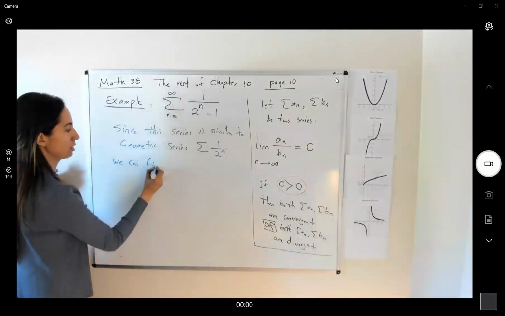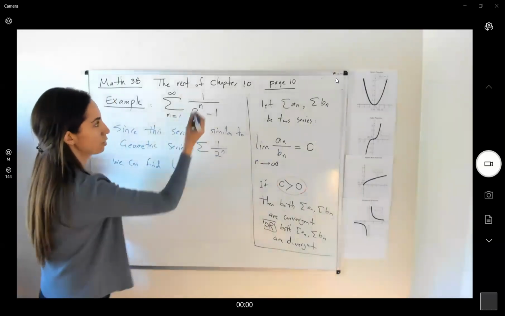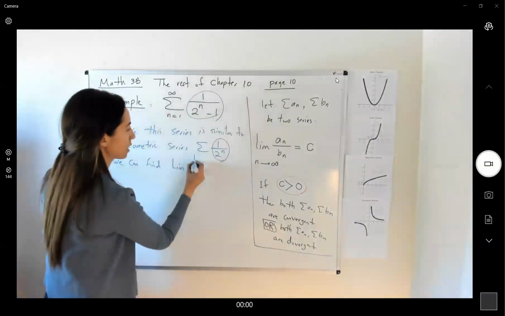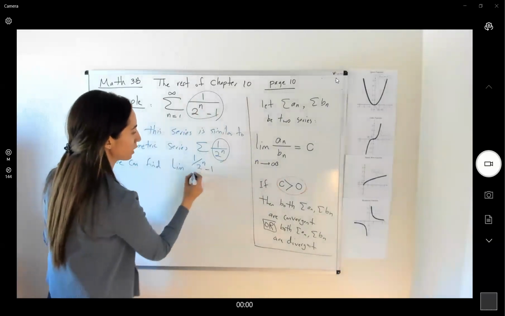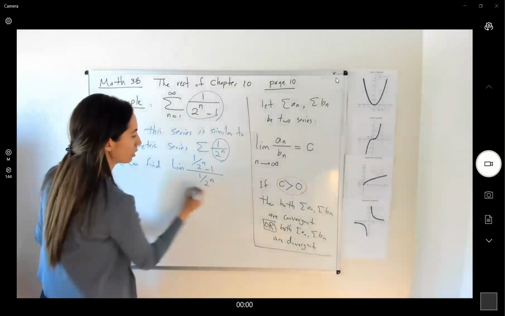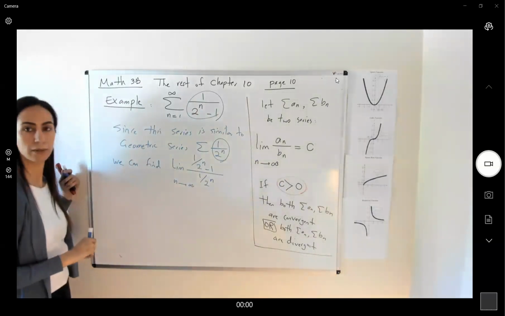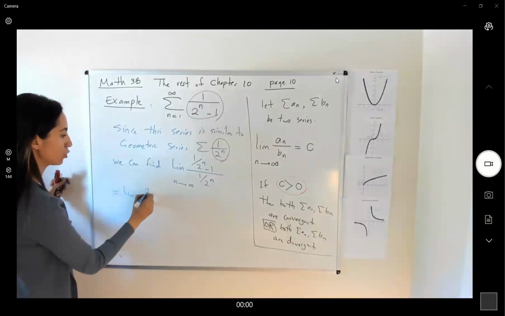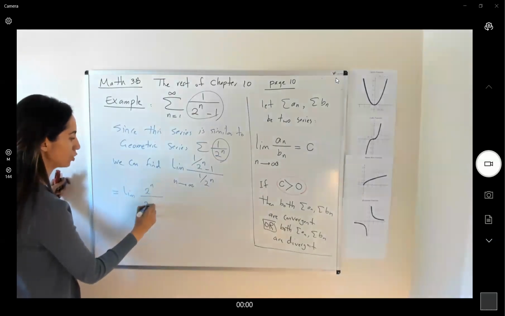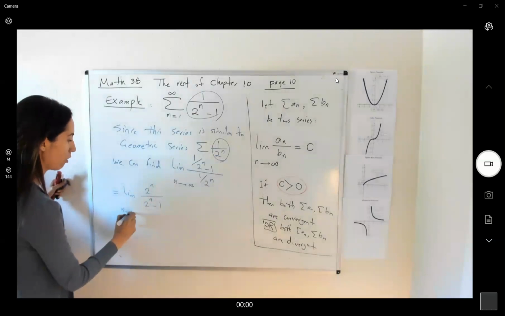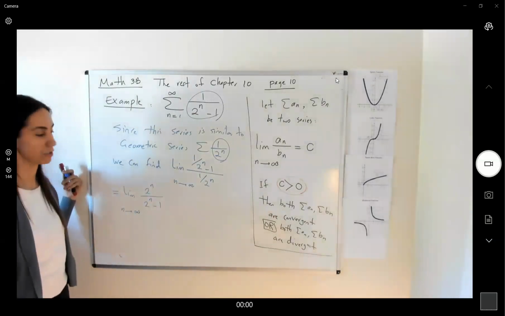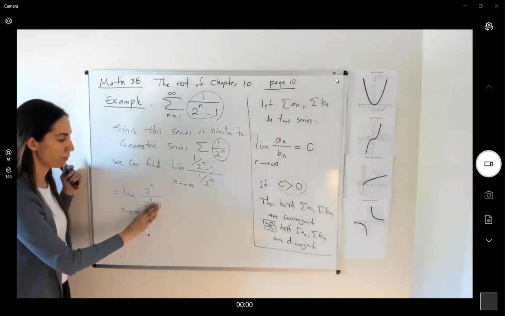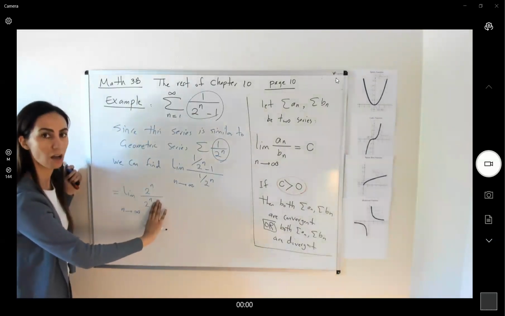You can find the limit of, suppose this is your An, suppose this is your Bn, it doesn't matter. 1 over 2 to the n minus 1 divided by 1 over 2 to the n. So if you rewrite this limit, you get the limit of 2 to the n divided by 2 to the n minus 1, while n goes to infinity. 2 to the n goes to infinity much faster than this constant negative one.